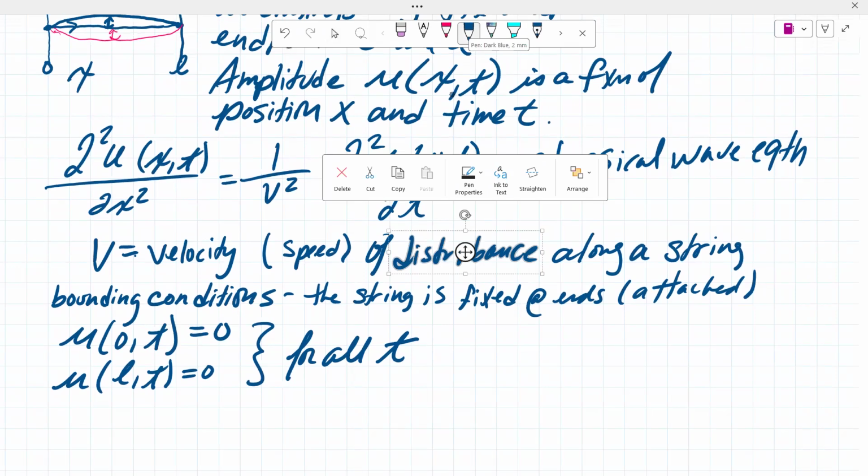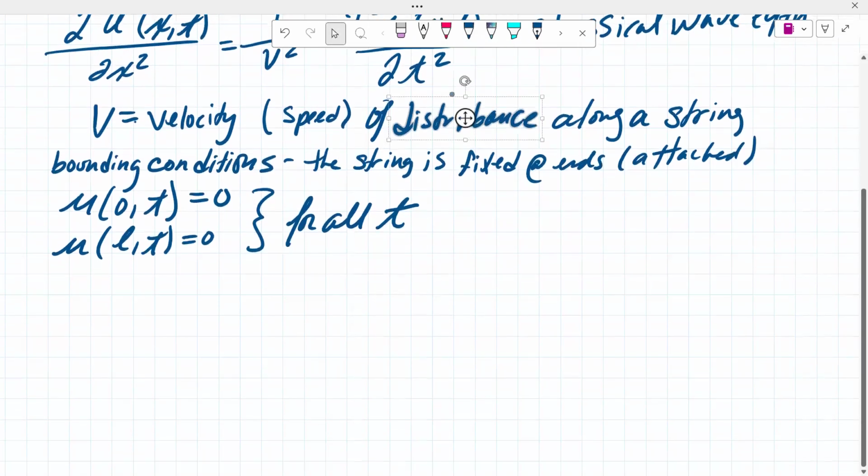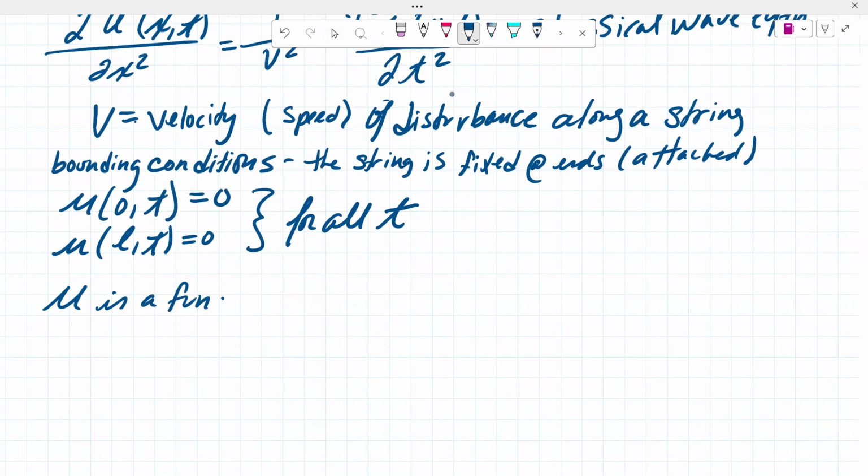Like we said, we're going to need to apply the principles of separability. So u is a function of both x and t.